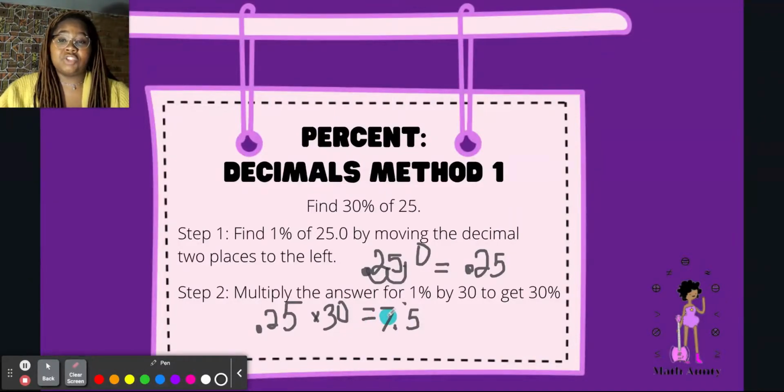You get 750. And remember to move your decimal point 2 places to the left because we actually want 0.25 times 30. So 30% of 25 is 7.5.